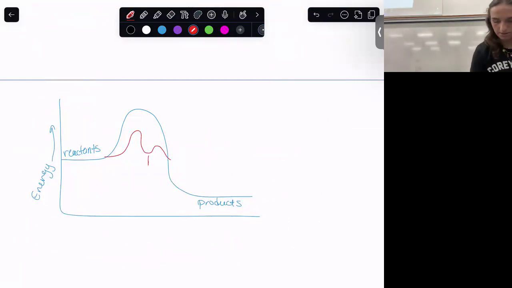Right, this would produce an intermediate here. But that reaction mechanism is still faster and still a catalyst reaction mechanism because it is not as high of an activation energy as the original one.